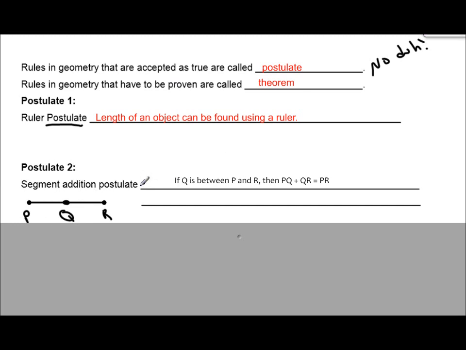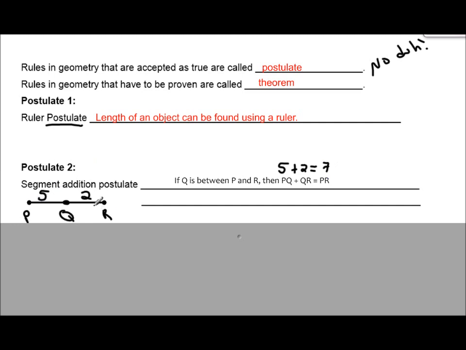The segment addition postulate says that if a point Q is in between another set of 2 points, then we can say PQ plus QR equals the whole thing PR. I'll put it in numbers so it makes a little bit more sense. If PQ were 5 and QR were 2, then the whole thing, 5 plus 2, would equal PR.